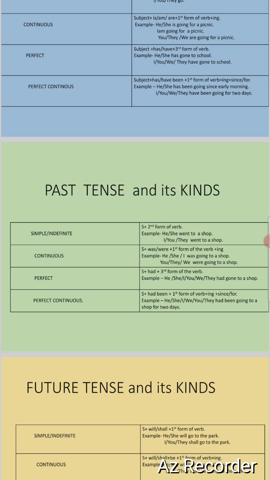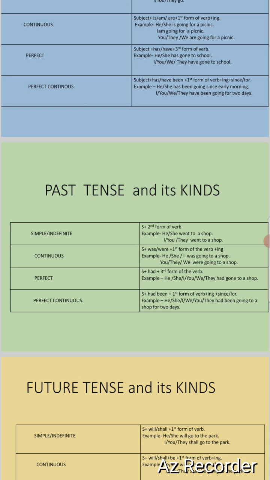Past perfect says the subject plus had, the helping verb, with a third form of the verb. For example, he, she, you, we, they, with any of the singulars or plurals, we use had gone to a shop. For past perfect continuous, the subject plus had been plus the first form of the verb and ing with since or for.